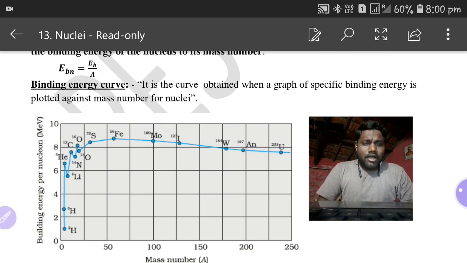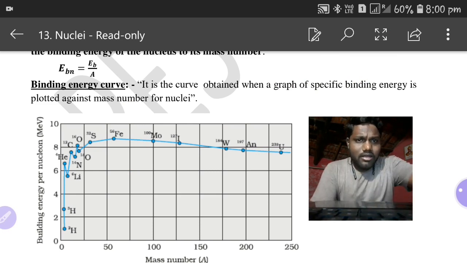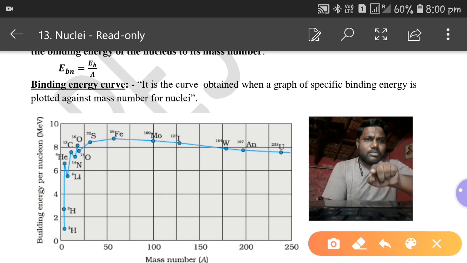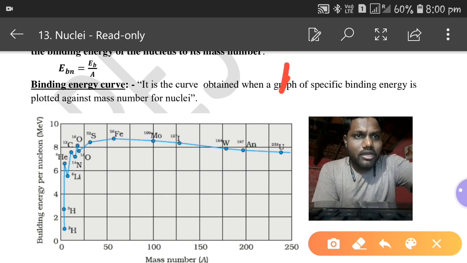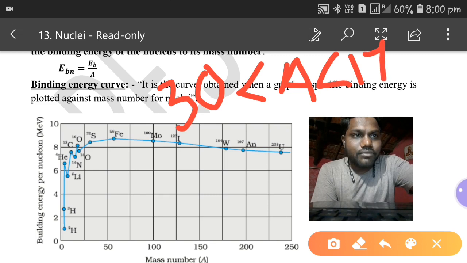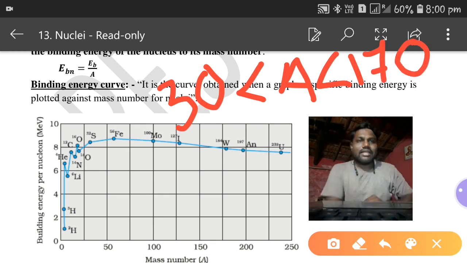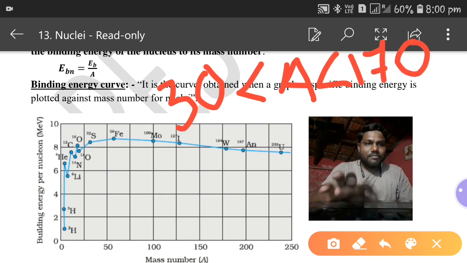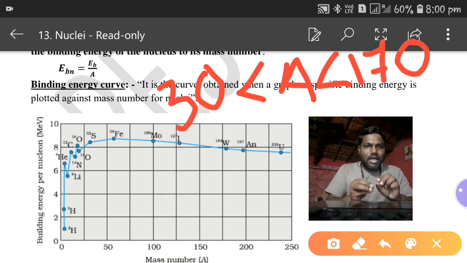And one more important characteristic of this binding energy curve concerns the mass number greater than 30 and less than 170.